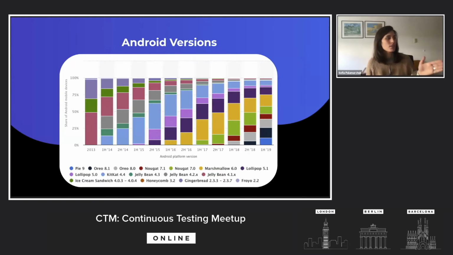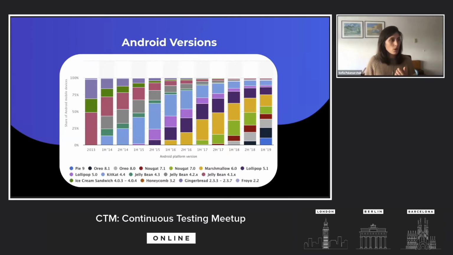If you look at seven years ago, in 2013, in order to get 70% coverage of the Android market, let's say I want to test my app on at least 70% of the OSs being used in the market, I only needed three OSs.